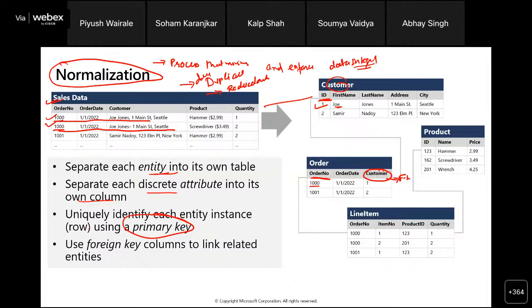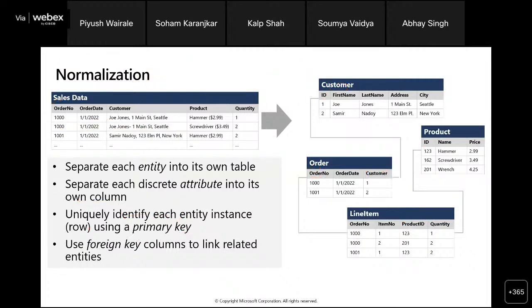Order number is a foreign key referencing the order number from the order table. Product ID is a foreign key referencing the ID from the products table. We use foreign key columns to link the related entities. The concept of primary key and foreign key is all that is required for this particular course. So this is about the normalization process.